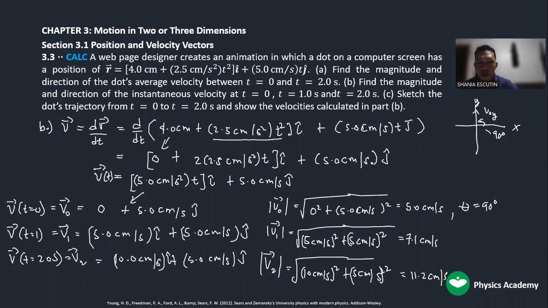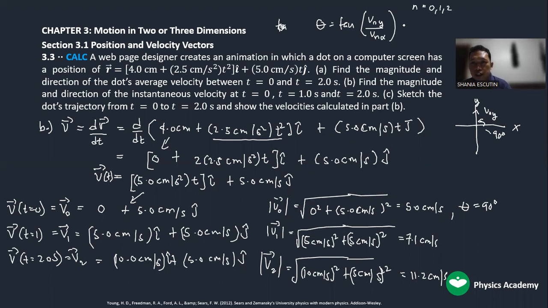Here, using this formula, theta is equal to the inverse tangent of v sub n y over v sub n x, where n is 0, 1, 2.